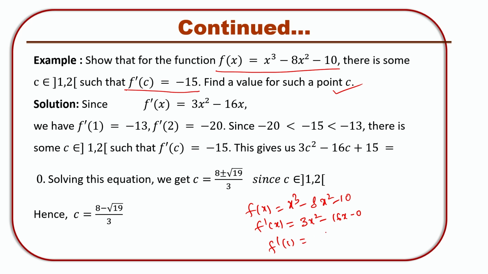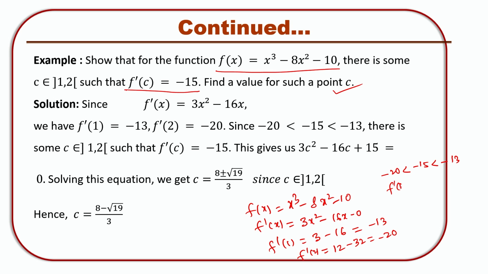F dash of 1 is equal to 3 minus 16, which is equal to minus 13. F dash of 2 is equal to 12 minus 32, which is equal to minus 20. So, that means we have minus 20 is less than minus 15 is less than minus 13.